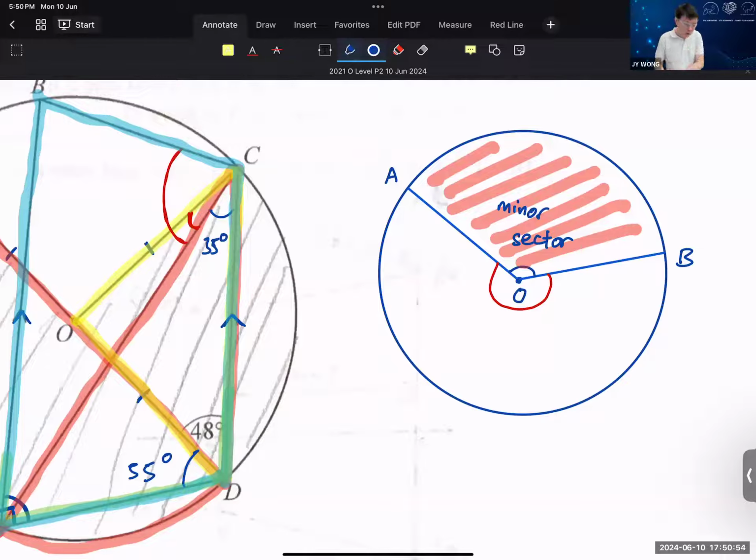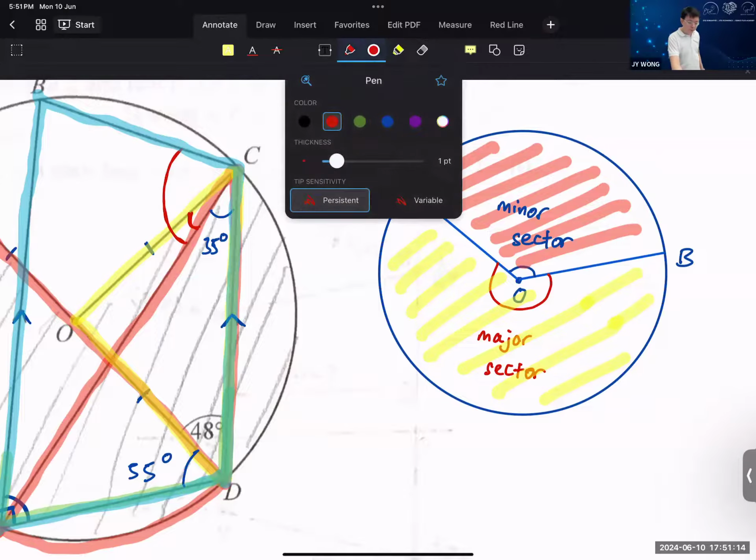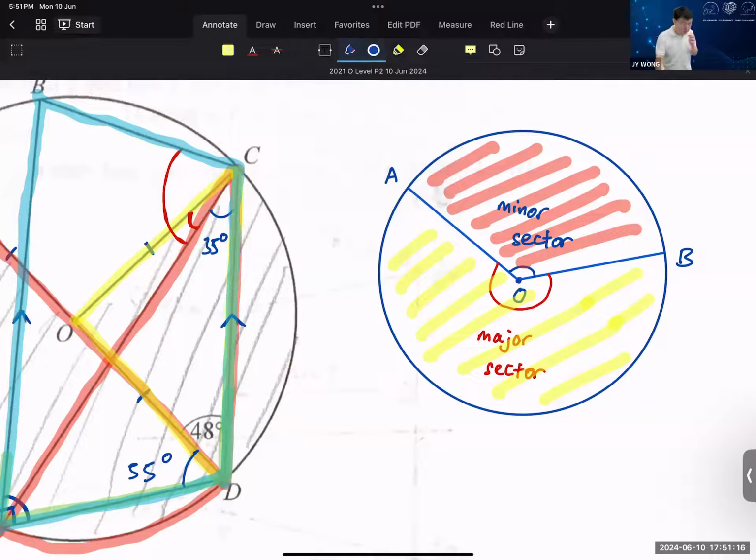You have the sector AOB, which is a minor sector AOB. You also have this thing called a major sector. Obviously, from the diagram, if I just draw it like that, you can see why one is called minor, one is called major. So the minor sector is determined by the smaller angle.